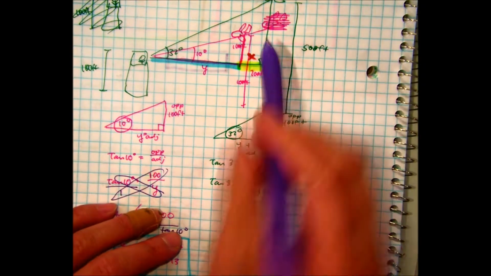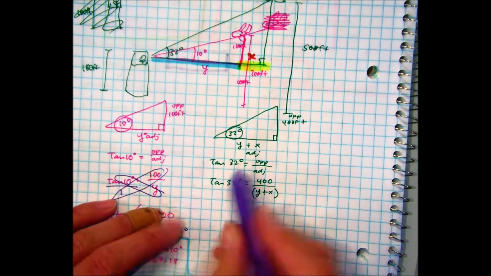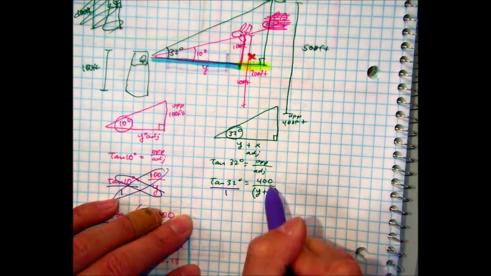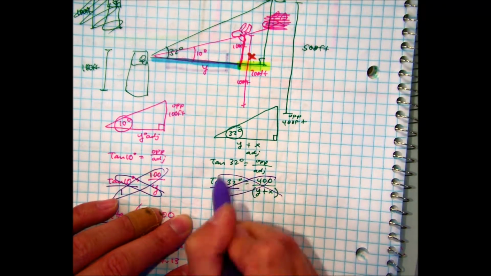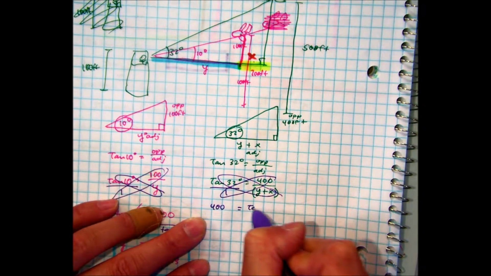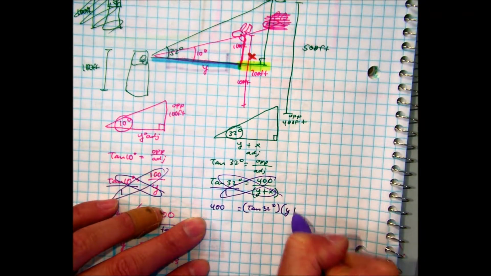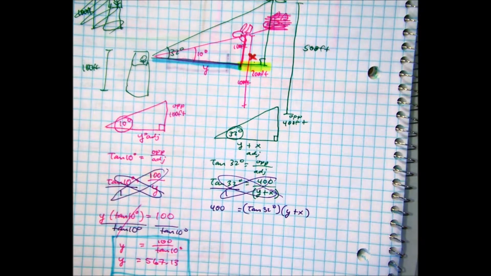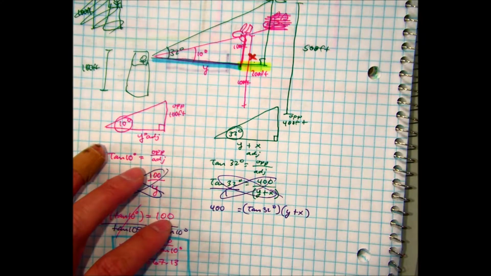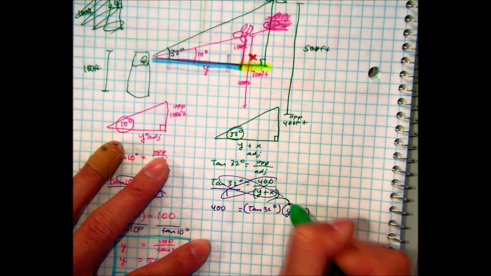Let's get the equation to solve for x. Let's get where it says x equals. So we're going to do the same thing, put it over 1, cross multiply. So I have 400 equals tangent of 32 and y plus x. Everyone say distribute. I'm going to distribute here.